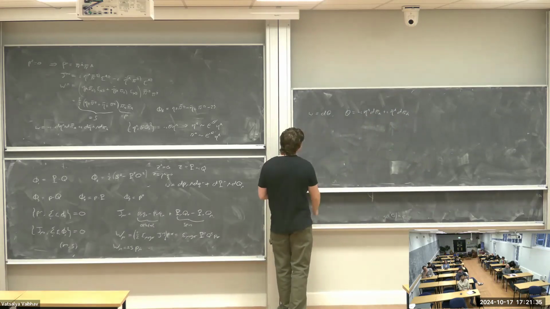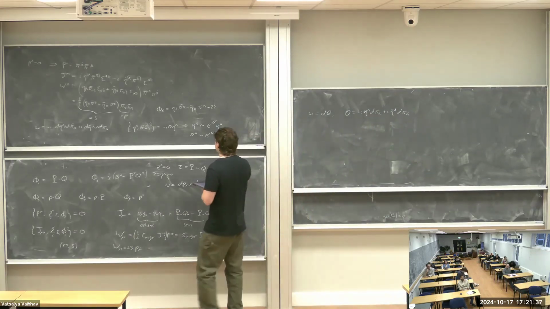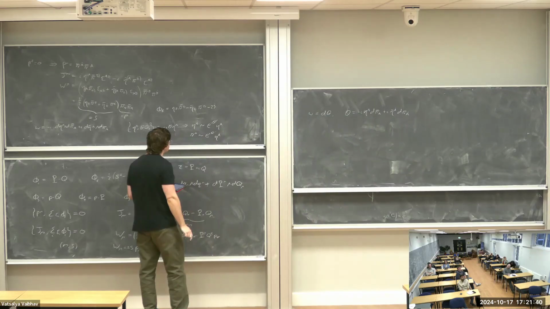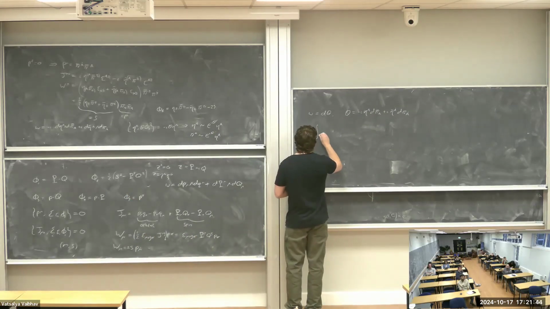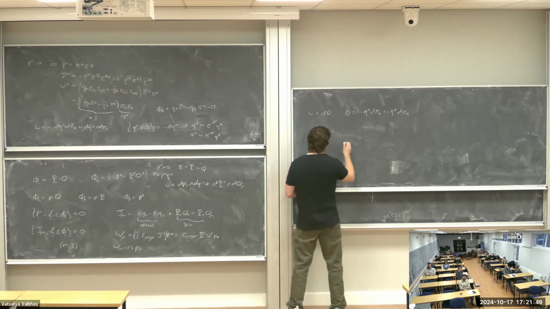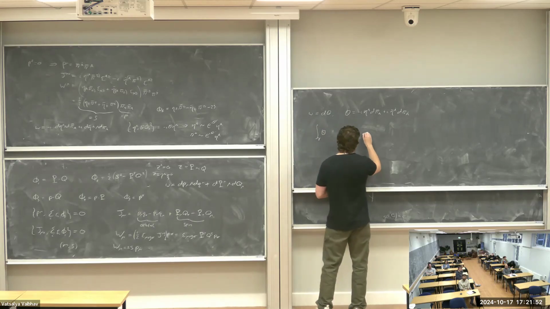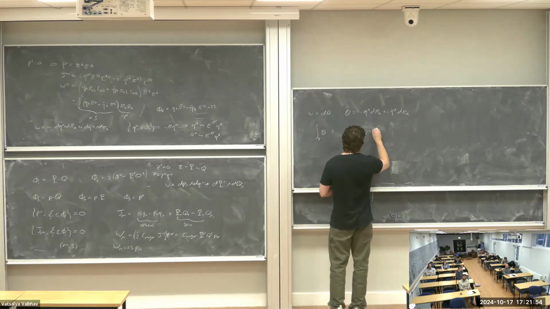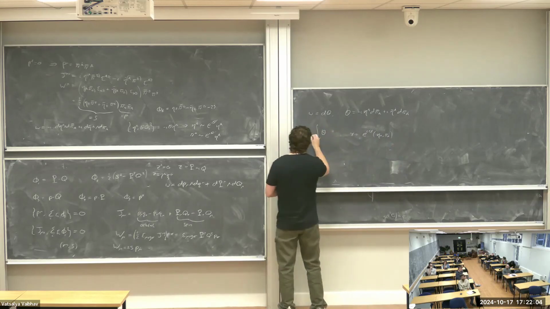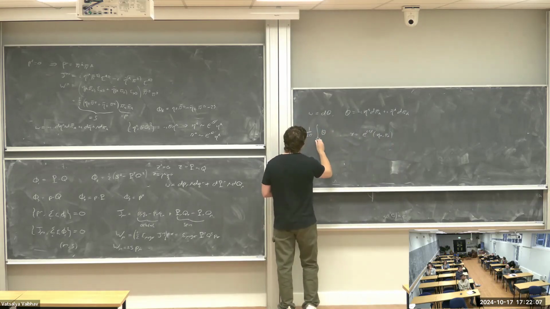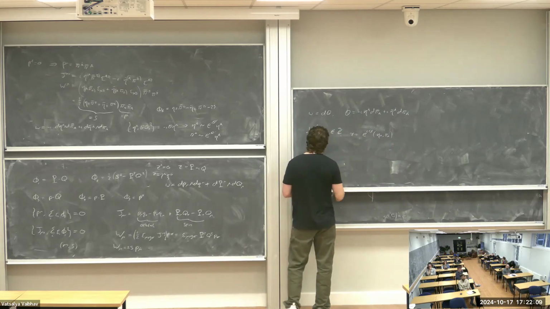Because I quotiented out by this orbit, there's this quantization condition that tells you that if you integrate theta along one of these orbits, gamma, which is some circle that looks like e to the i phi times eta A bar A, it should be an integer.